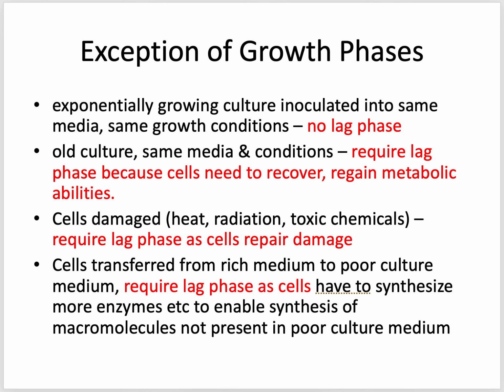So what will be the problem? We know during the lag phase the number of cells don't increase. That means the microbes are not producing anything. So if your microorganism remains in the lag phase for a long time, it will be a loss for you, right? Because the time will pass.